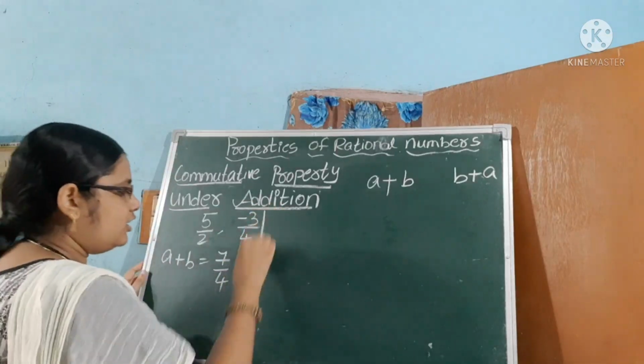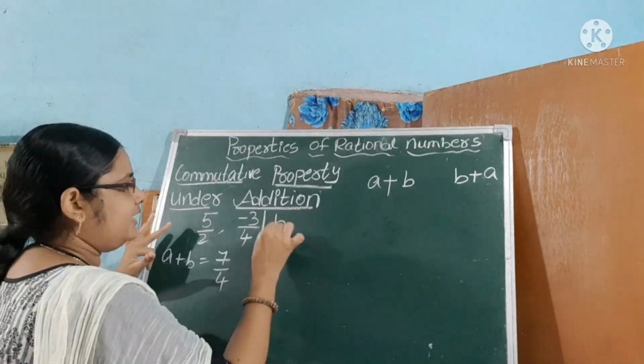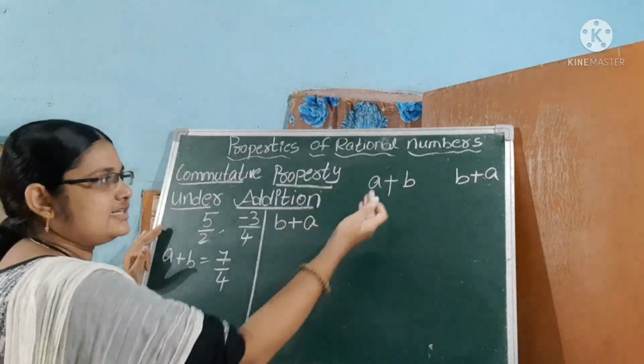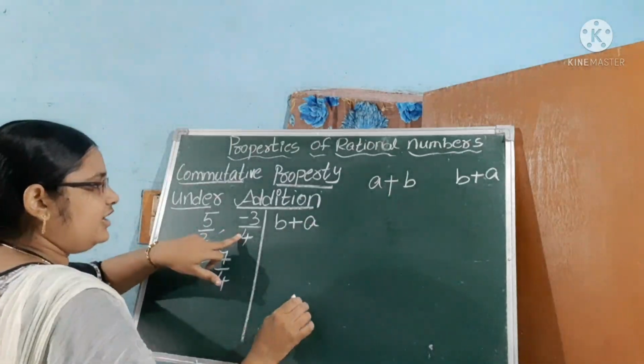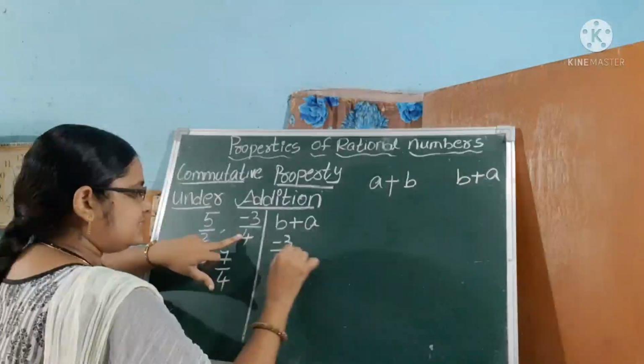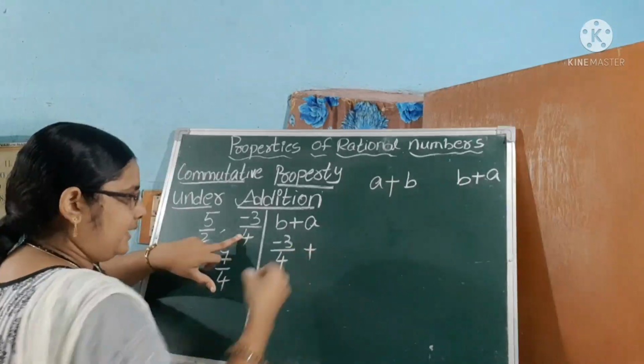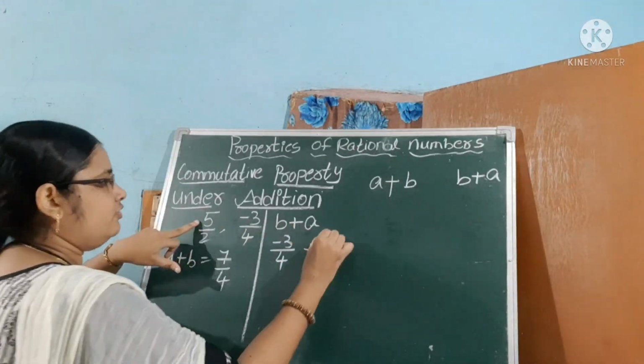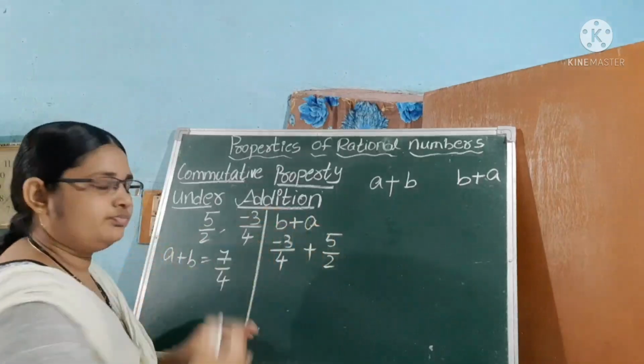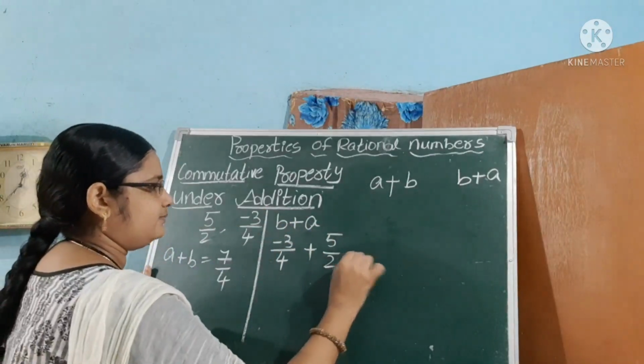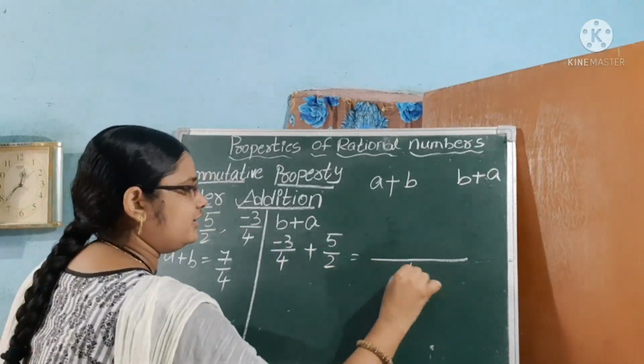So let us check the RHS. That means B plus A. Just the order is changed. What is the value of B here? Minus 3 by 4 plus A value 5 by 2. Okay. Same procedure. So what is the LCM? 4.